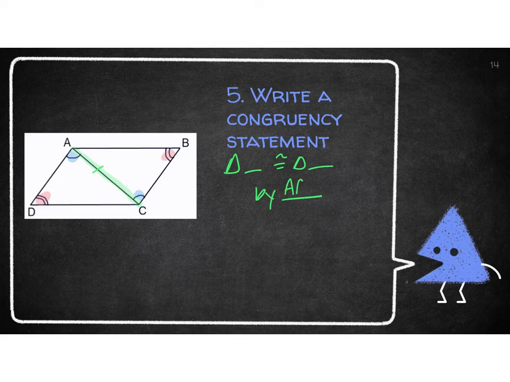So now we're ready to name them. I'm going to go D, and then A, and then C. In the other triangle, D corresponds with B, A corresponds with C, and C corresponds with A.